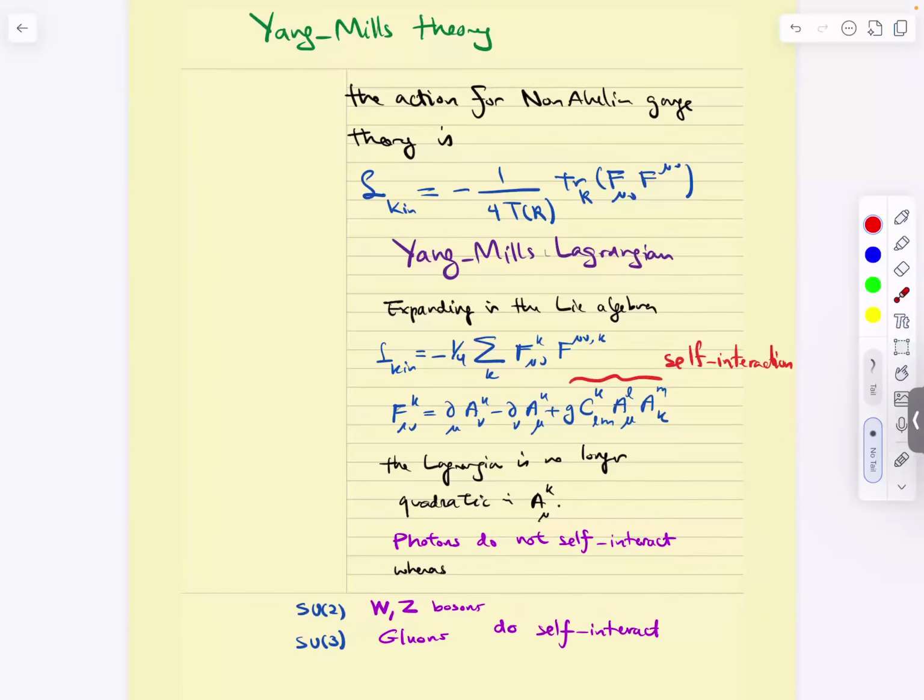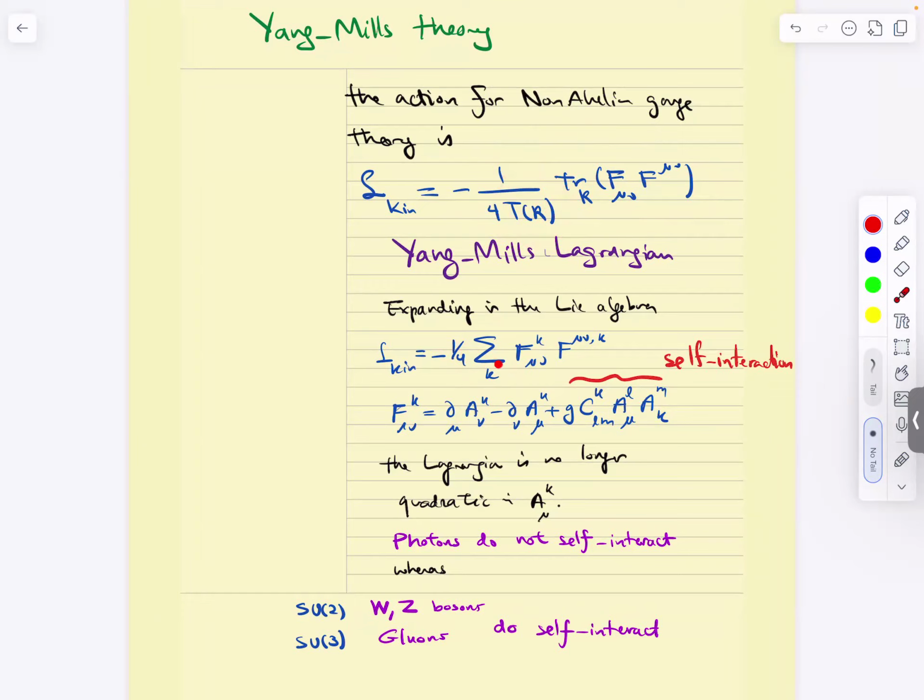All right. So here it is. Minus 1 over 4 TR, the trace in R of the field strengths, the non-abelian field strength. So let's expand this. If you expand this, first of all, you could write this down explicitly. Well, forget about this TR for now.